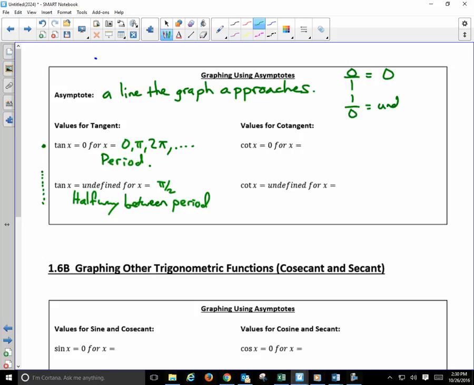That is undefined. So 0 and undefined are reciprocals of each other. So wherever tangent is equal to 0, that's where cotangent is undefined. And wherever tangent is undefined, that's where cotangent is equal to 0. So in other words, cotangent is undefined at the period, and it's equal to 0 halfway in between.